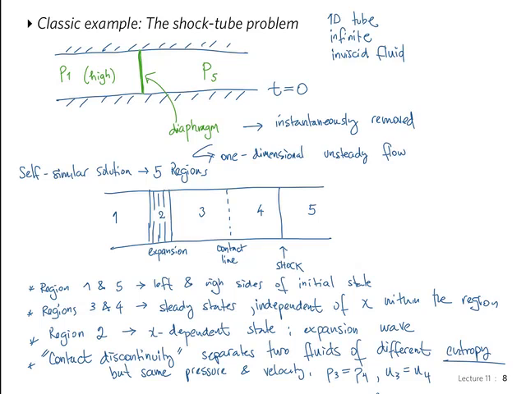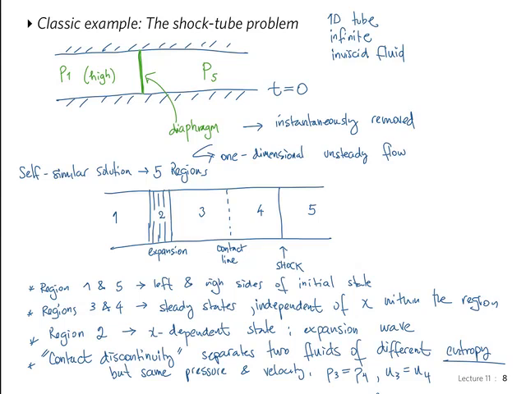Okay, now this problem has an exact solution. I will provide you with that exact solution, but we won't go into details in class in the interest of time. I will just give you this to read, and perhaps to make it easier, I'll even give you the little code to generate the exact solution, because what is important is that you're going to code numerical solutions of the Euler equations with the different schemes that we study, and then compare the numerical solution with the analytical solution for this shock tube problem to see how the numerical schemes behave.